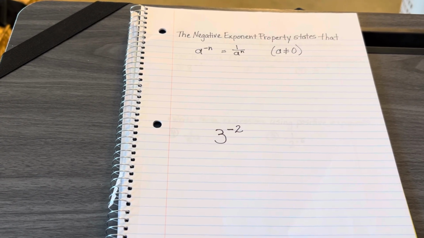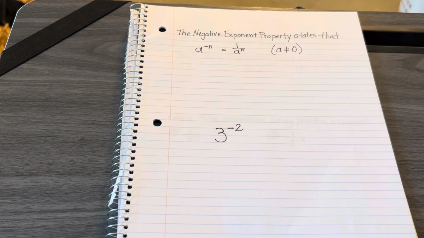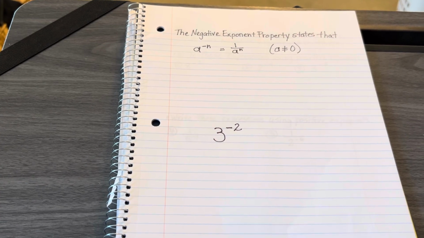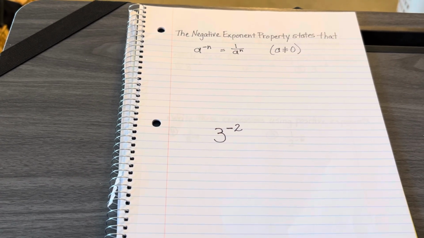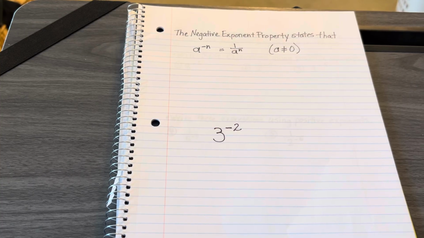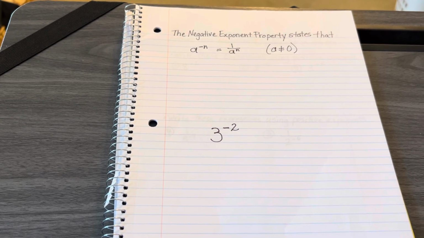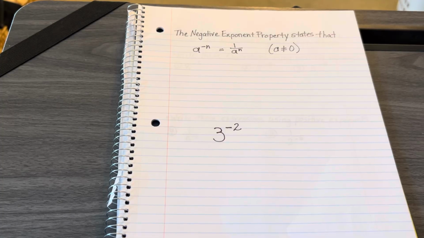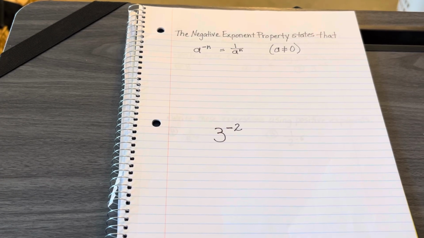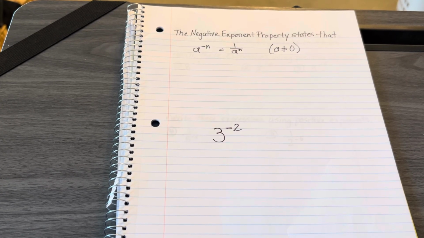Now this looks a little complicated, but we'll work through it. So a, again, just represents an integer, just not 0. And n is your exponent, and it also will represent an integer, just not 0. So let's look at the example.